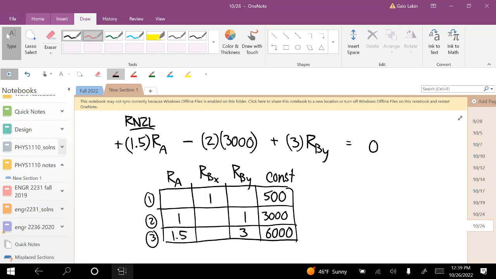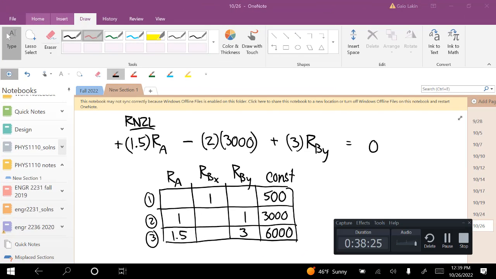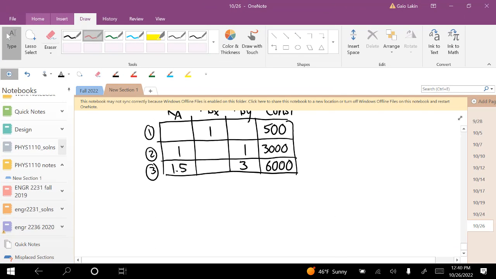Can someone calculate that for me? I'm going to pause this. So RA is 4,000, RBX is 500, and RBY is 1,000. Anyone else get anything different?